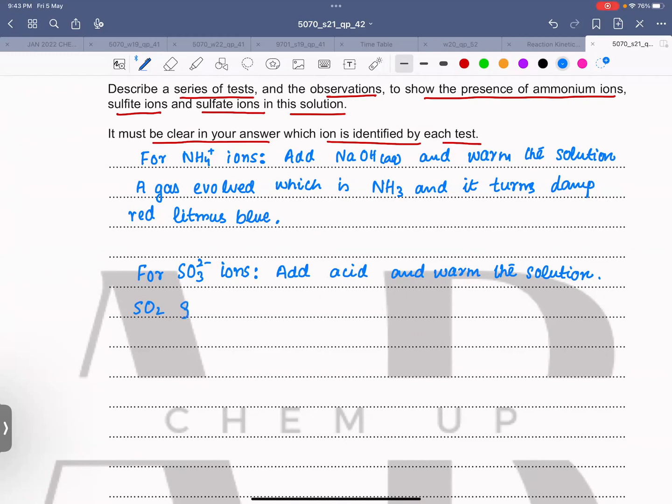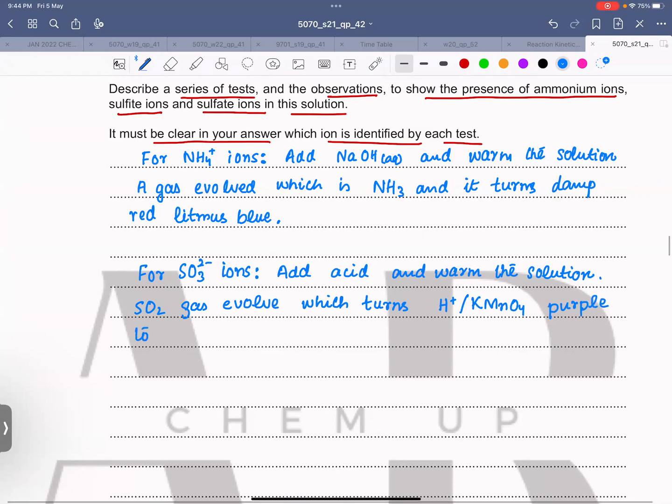Sulfur dioxide gas evolves, which turns acidified potassium manganate(VII) purple to colorless. Instead of writing the whole name, you would write it like this as well.